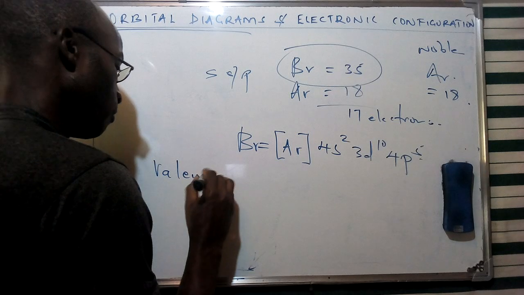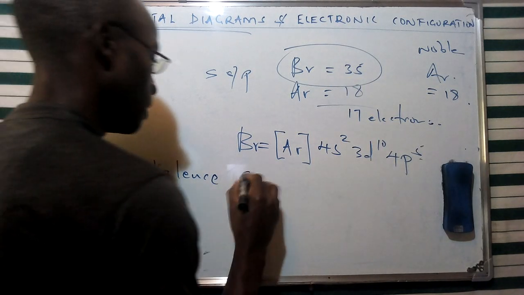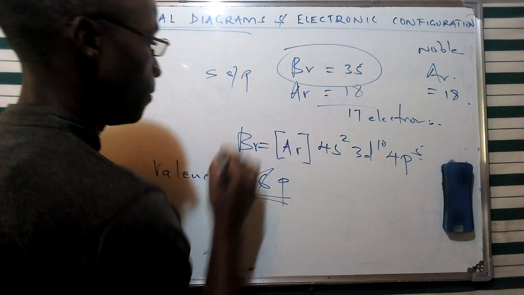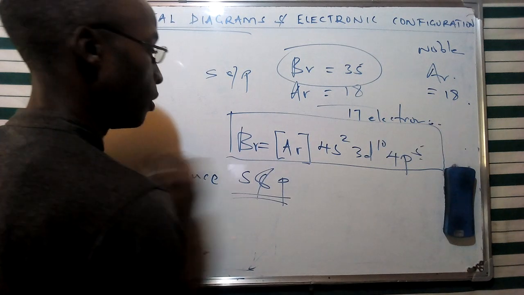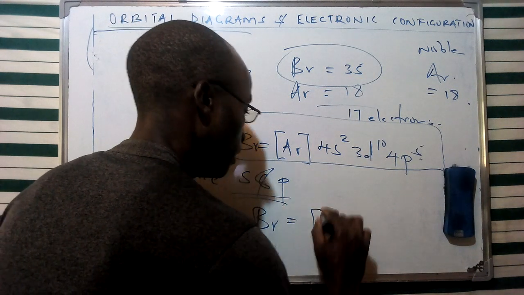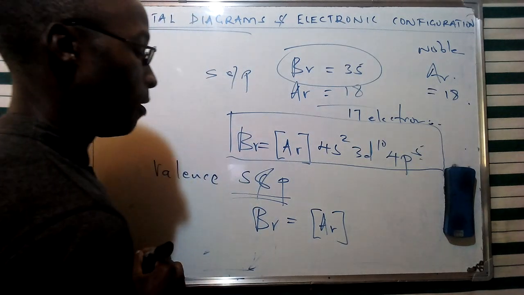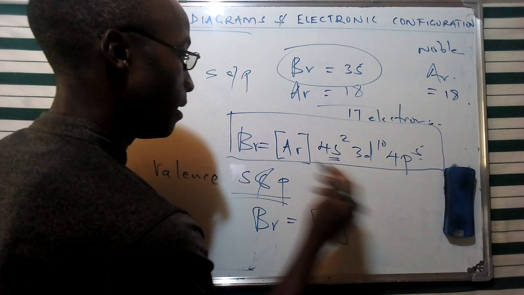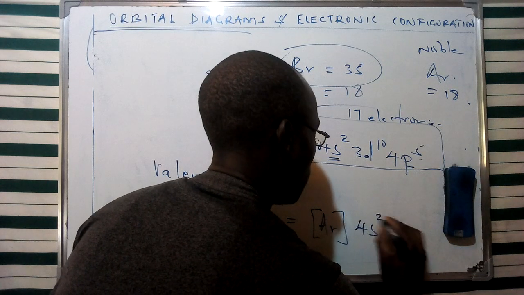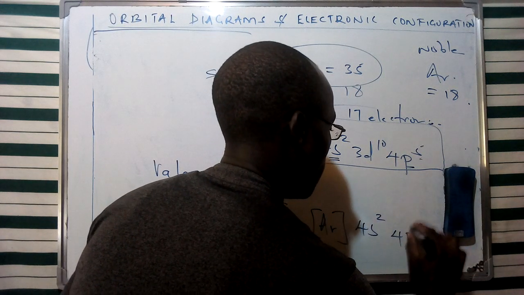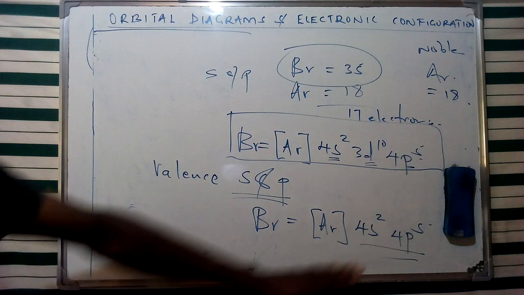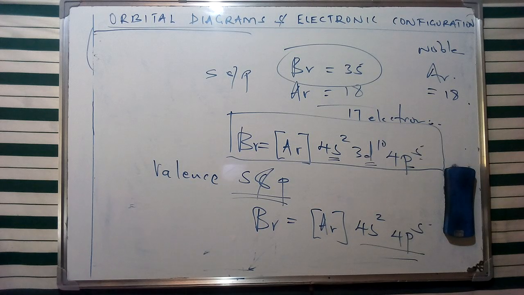This consists of valency orbitals, which basically are represented by the s and p orbitals. So from our shorthand notation using the noble gases, we can represent bromine using the valency shells, which are the s and p. This is going to be in terms of 4s2 and 4p5. Remember, the 3d is full. So we represent the valency subshells in this format.